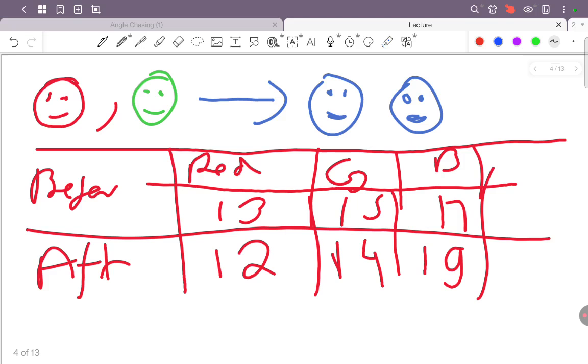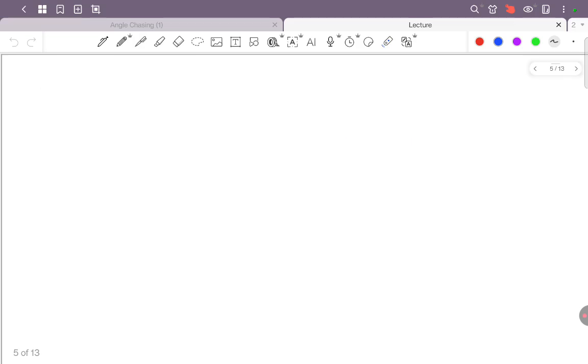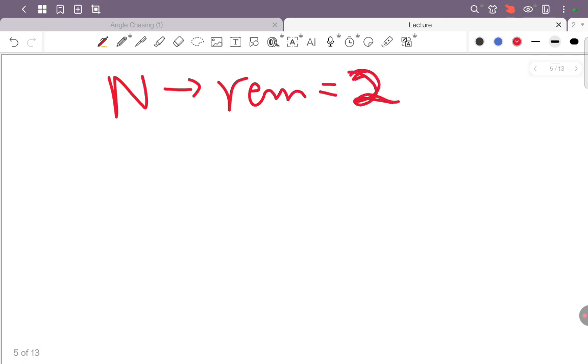See, it is simple. If you have a number, let's say n, which gives remainder equal to, let's say, 2 when divided by 3.